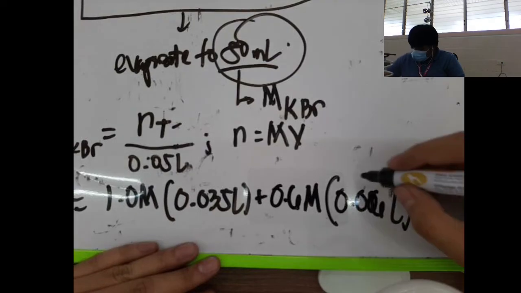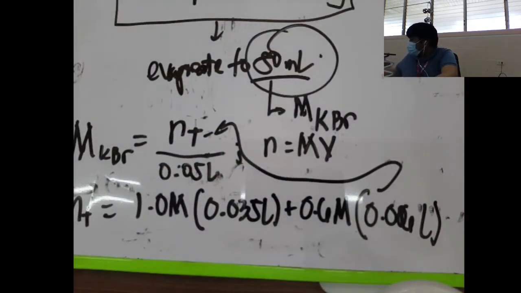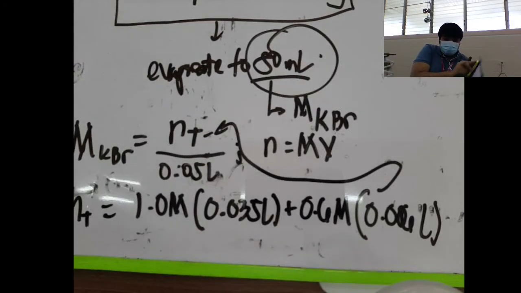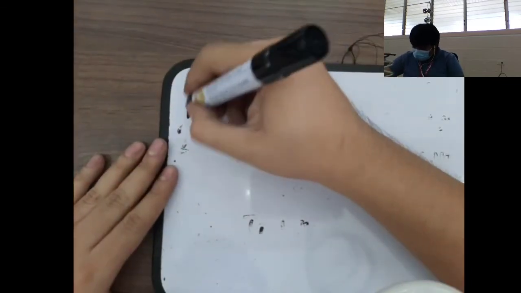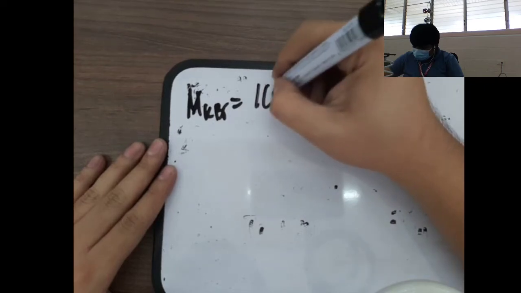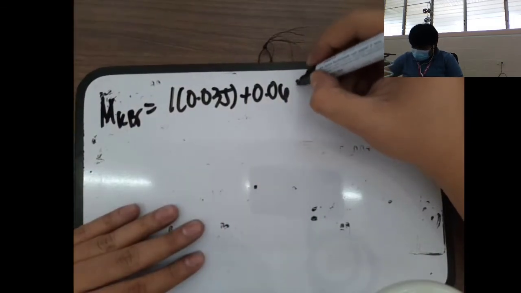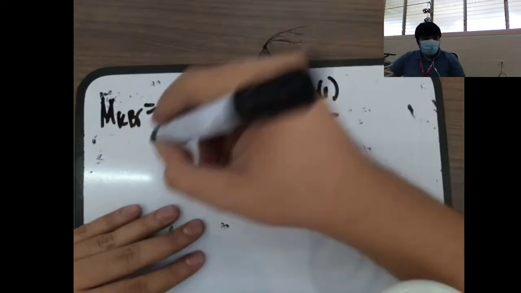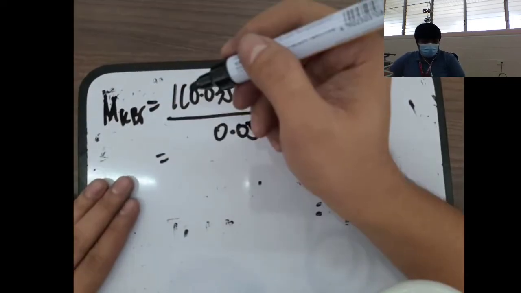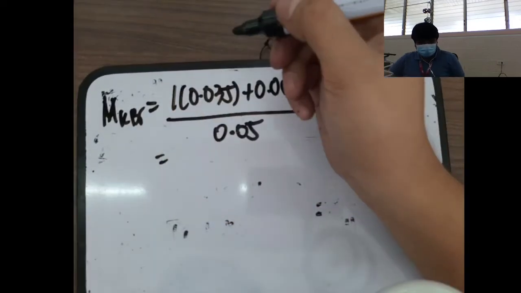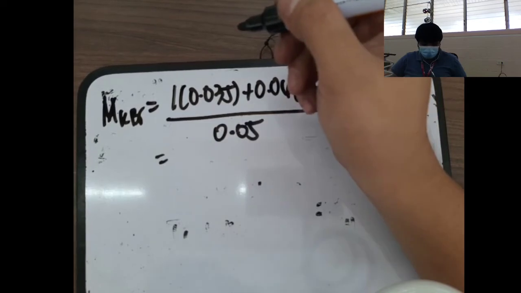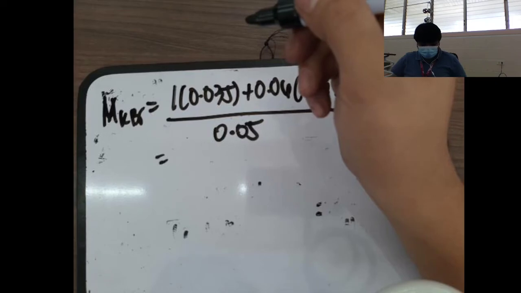We substitute that to our total number of moles here, and what you'll get, divided by 0.05, is the final concentration. 0.035 plus 0.06 times 0.6.